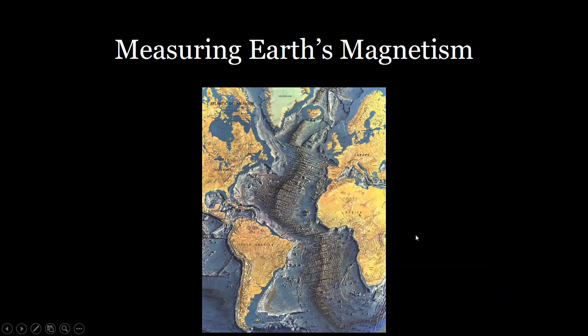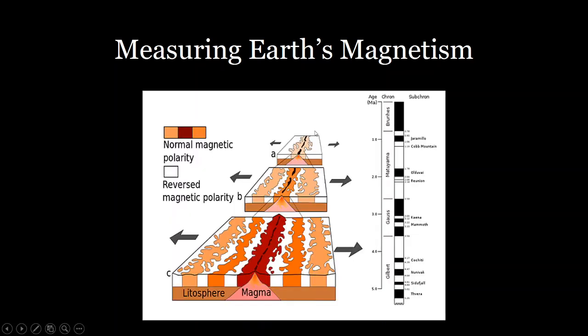Additionally, these magnetic field reversals that could be seen in the geologic record seem to be matching up with the mid-ocean ridge that was discovered as well, which is the largest ridge in our planet that goes all the way up the length of the Atlantic Ocean.